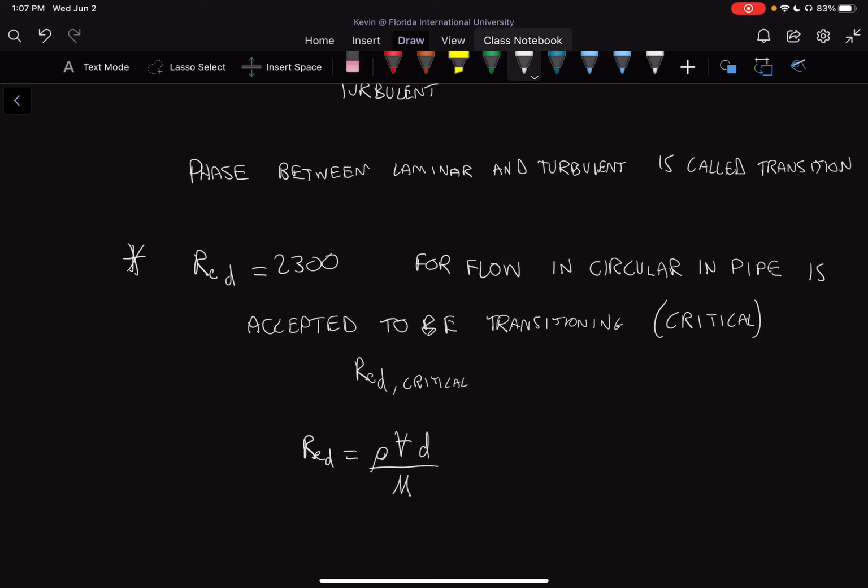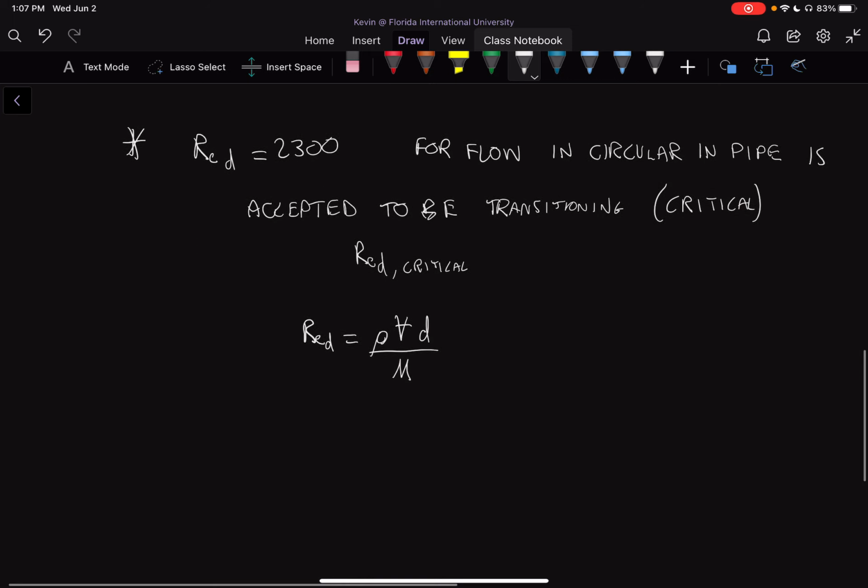So let's do a very quick example of what would happen and try to see at what velocity would transition occur in water and air at 20 degrees. So let me write the question.